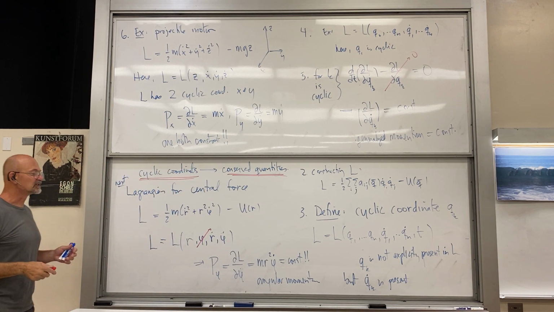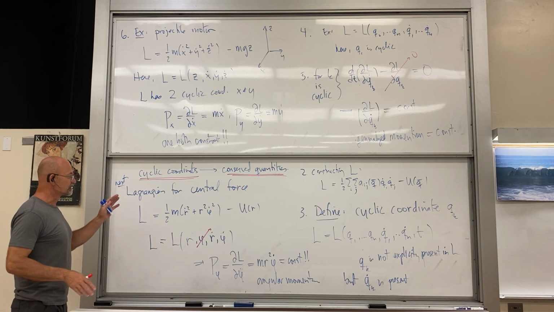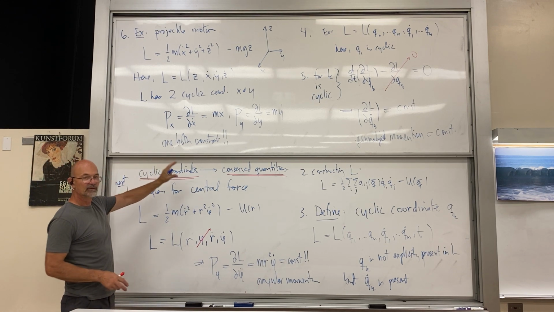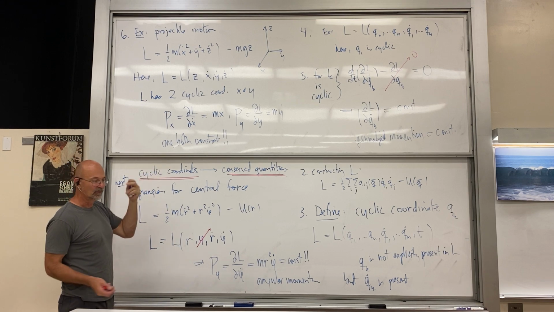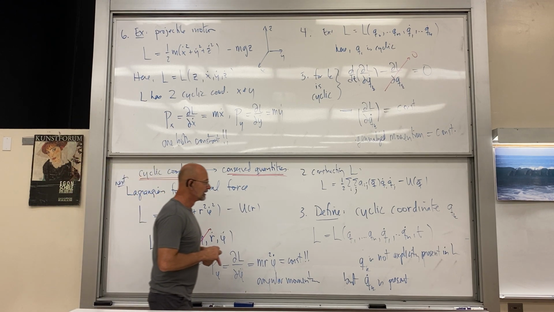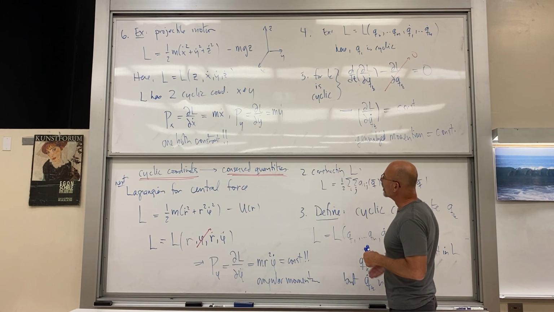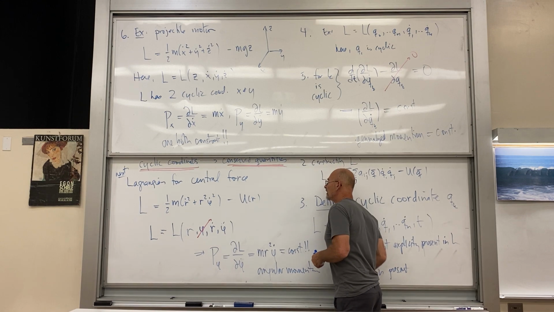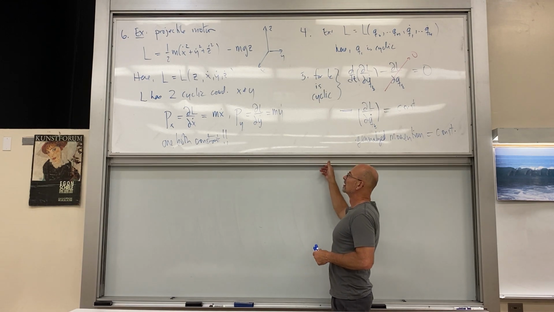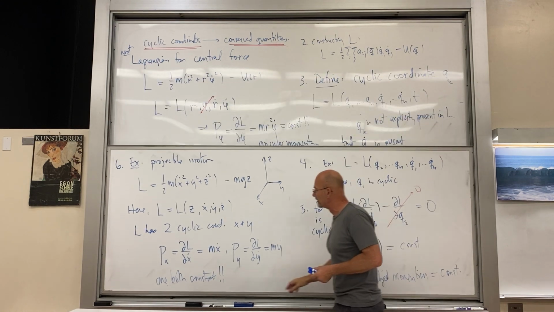There are some really fun exercises where you just define the Lagrangians pretty abstractly, and you just pick off the conserved quantities based on the cyclic coordinates. Maybe we'll do a couple of those. In fact, maybe we'll do one of those right now. So these are the ones we know. Here's what we'll do for another example, just to drive the point home.